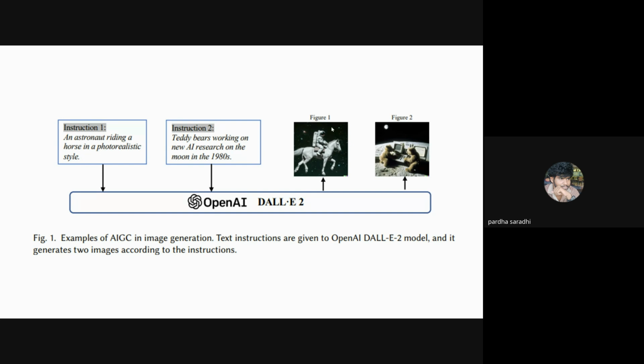The model captures both the astronomical attire and the realistic appearance of the horse, emphasizing its attention to detail and contextual understanding. We can wonder how a system is able to understand the exact context we are giving. We make a query of an astronaut riding, then provide a horse, in a photorealistic way.